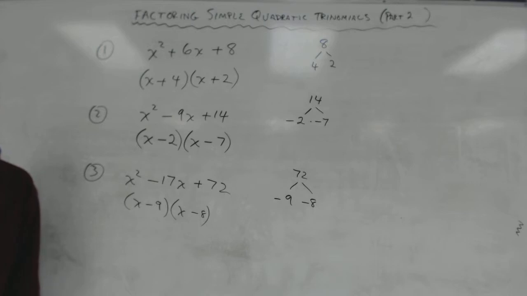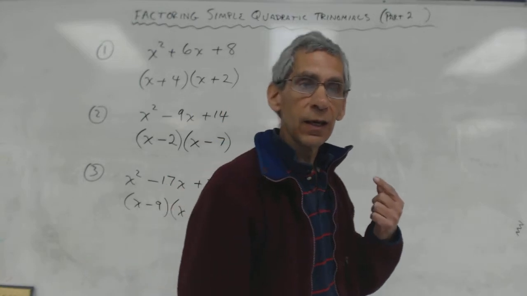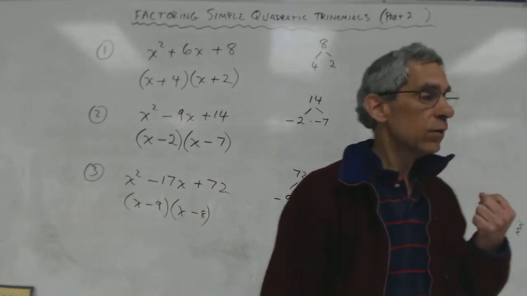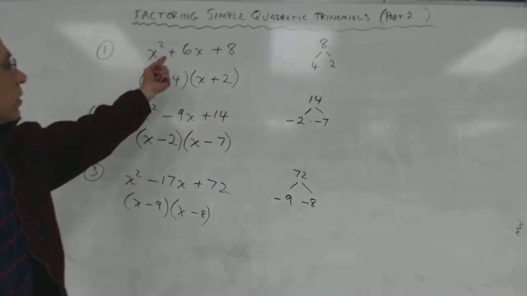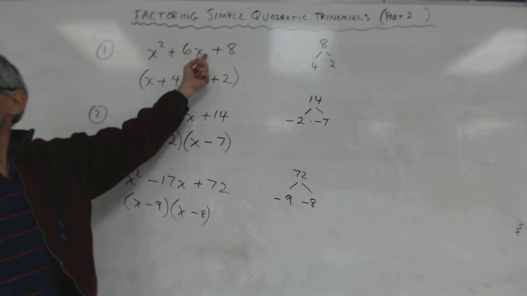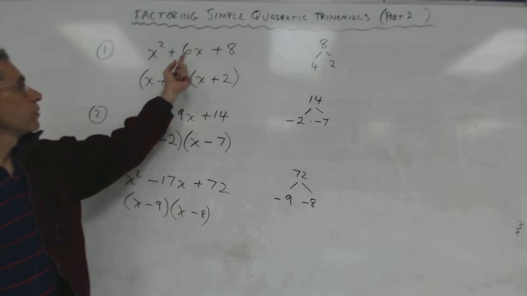So now let's look at what we've learned so far in terms of patterns. Being a mathematician is about seeing patterns, right? Do you notice a pattern here? Both of these are positive.